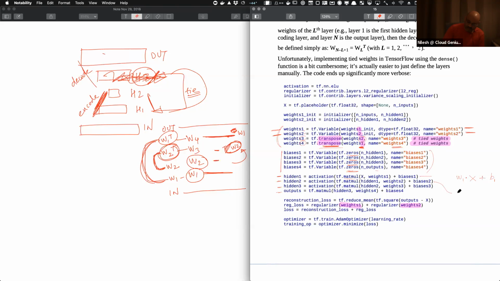Similarly, we have weights number 2 with input from hidden number 1 and bias 2. And this function is weights number 3, input from hidden number 2, and bias number 3. And output is hidden number 3. So weights number 4, output from hidden 3, and bias number 4.